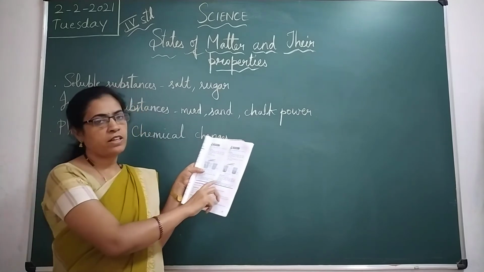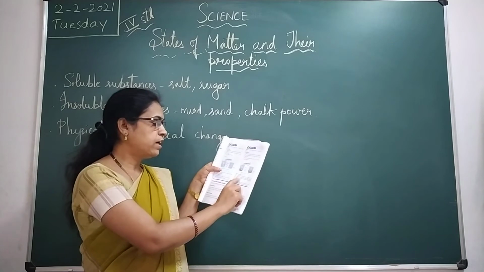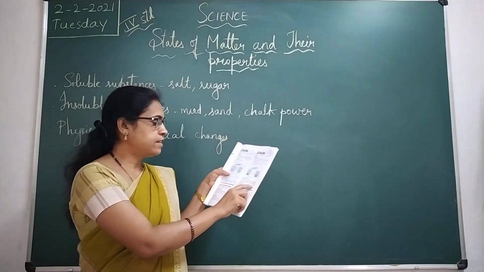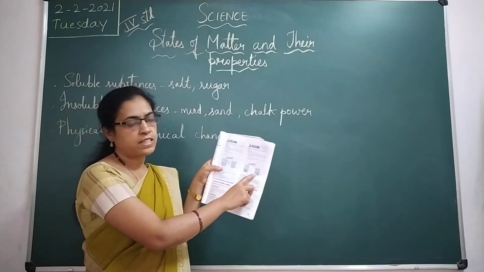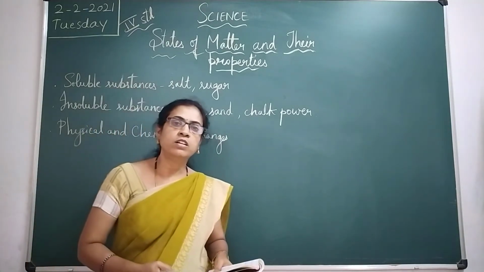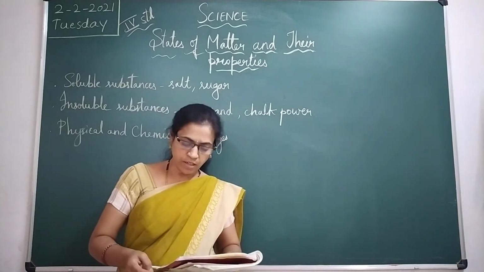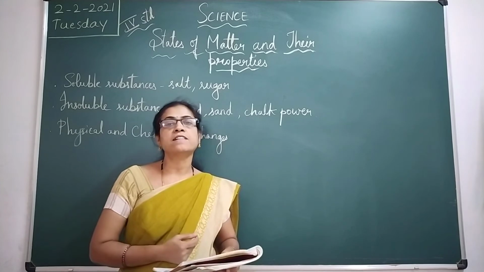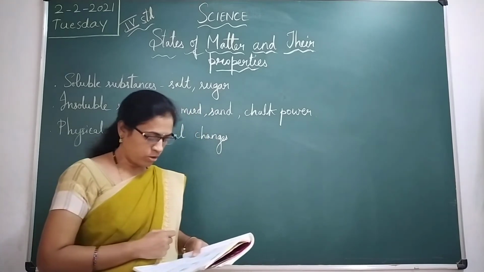The topmost layer is water, and the sand has settled at the bottom. So the conclusion: sand is not dissolved in water. Sand settles at the bottom, and we can say that sand is insoluble in water.